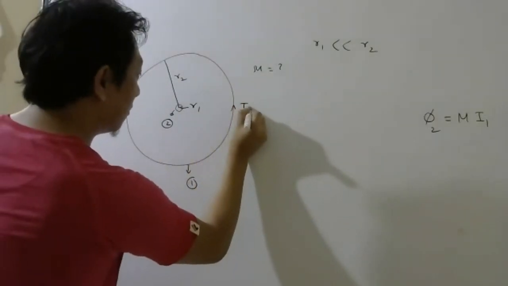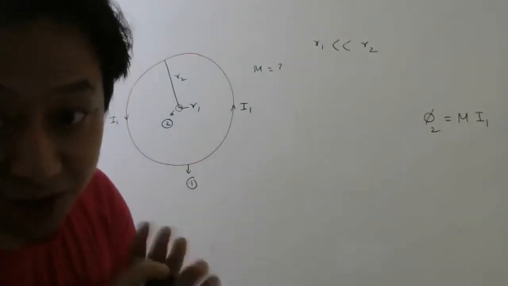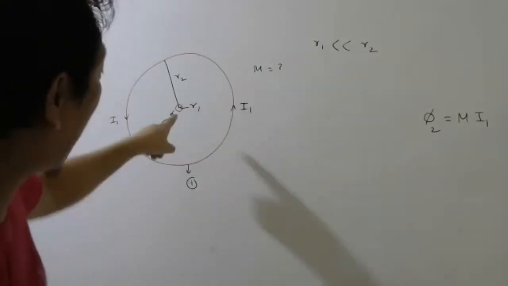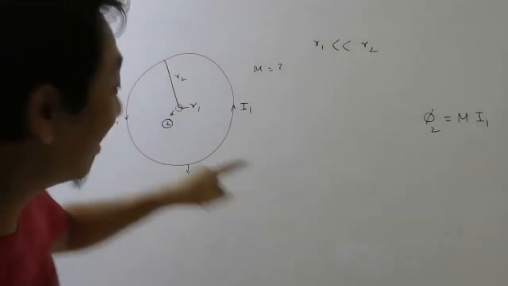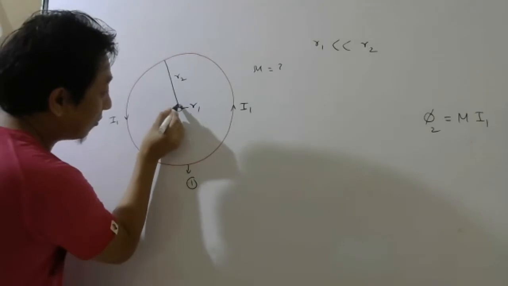Whichever way, that is your wish. You have to first decide where you will pass the current. If you pass it in the small coil, it is very difficult. So pass it here. Now we have to calculate the flux through this one.